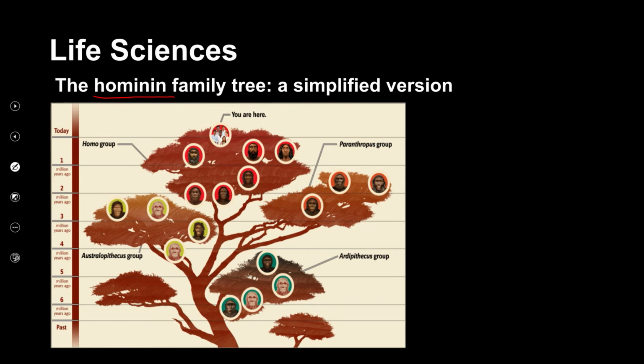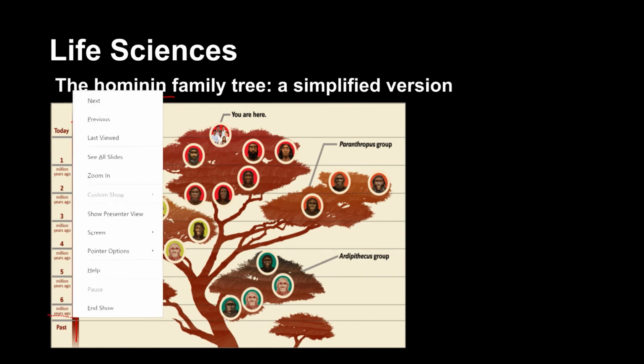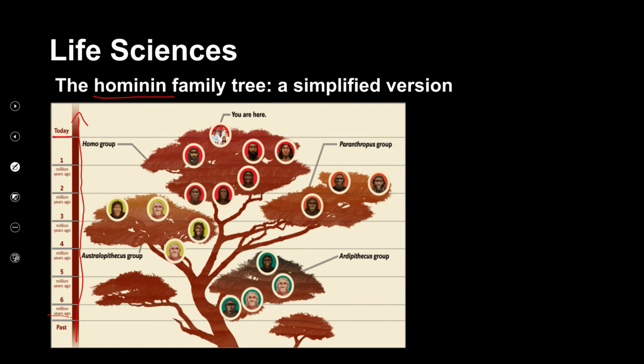So it represents, we can see nicely, the different branches and the different species that we need to study. And if we have a look on the left-hand side of the diagram here, we can see the time scale, and we start in the past, and it goes back as far as 6 million years ago, and then it goes up to today.